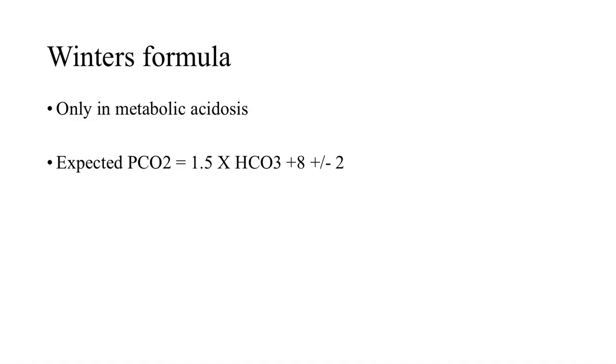Before we go further, let's remember Winter's formula. This is used only in metabolic acidosis, and it should tell us where the PCO2 should be if the patient is compensating normally. Let's look at different scenarios where either there is no compensation, or there is the right amount of compensation, or if there is overcompensation, and how much it affects the pH.